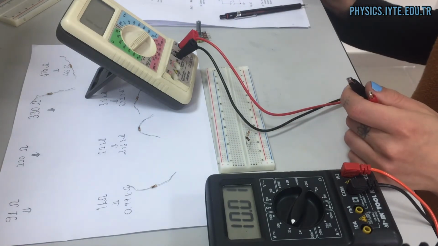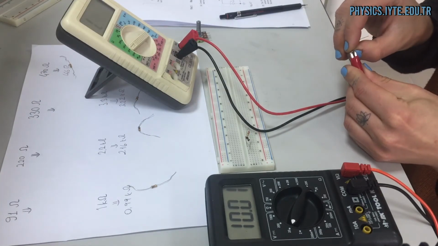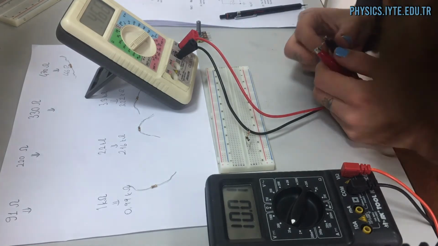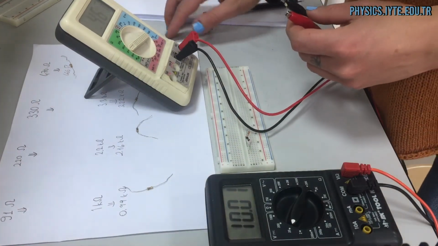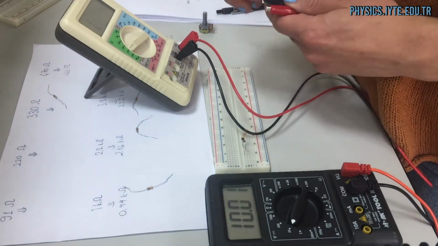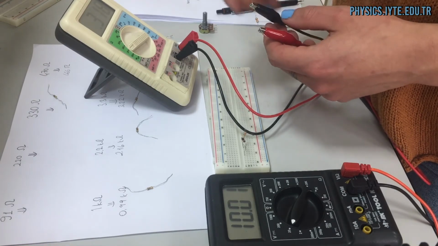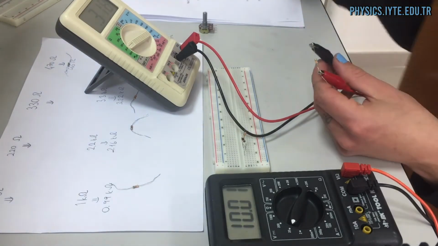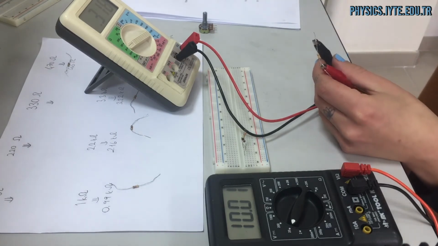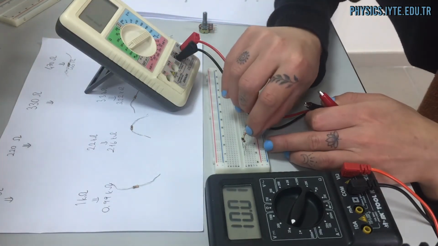And the third resistor is a 330 ohm resistor, having a value of 380 ohms, which is in parallel combination with the second resistor.